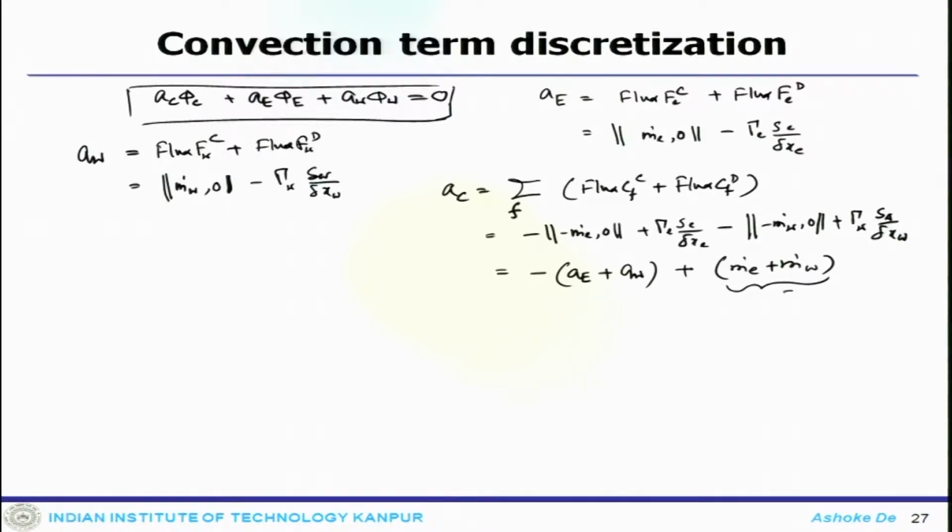For continuity, this would be 0. So, AC becomes like that, and BC is minus F flux VF convection plus VF diffusion, which is nothing but 0 in this case.